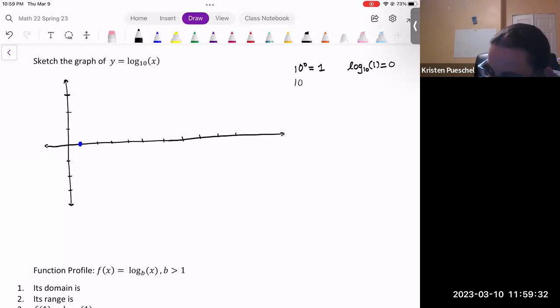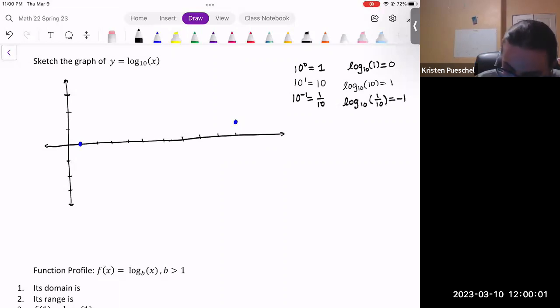We know that 10 to the first power is equal to 10, so the log base 10 of 10 is 1. We know that 10 to the negative 1 is equal to 1/10. So the log base 10 of 1/10 is negative 1.